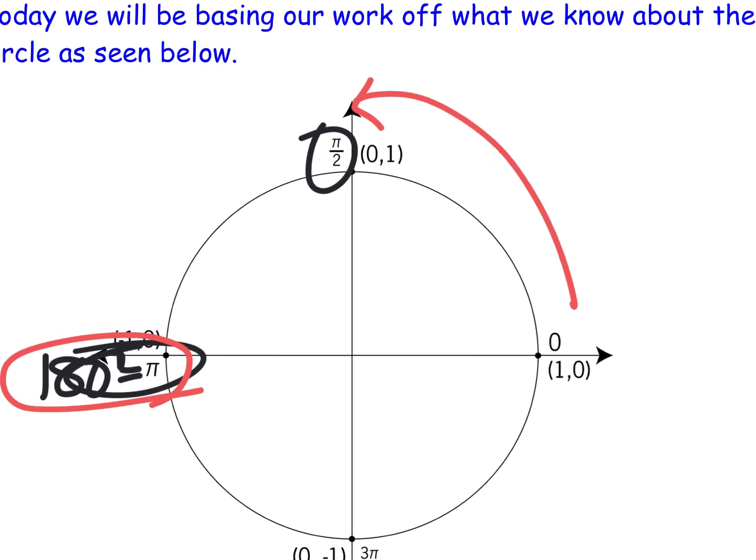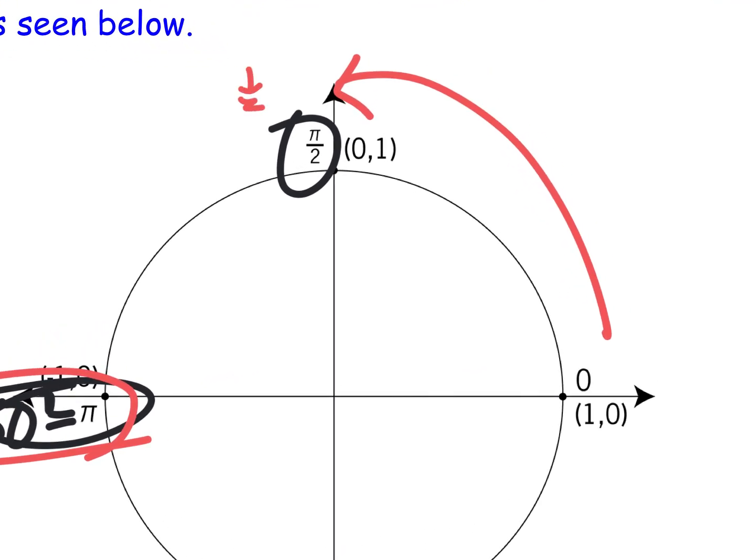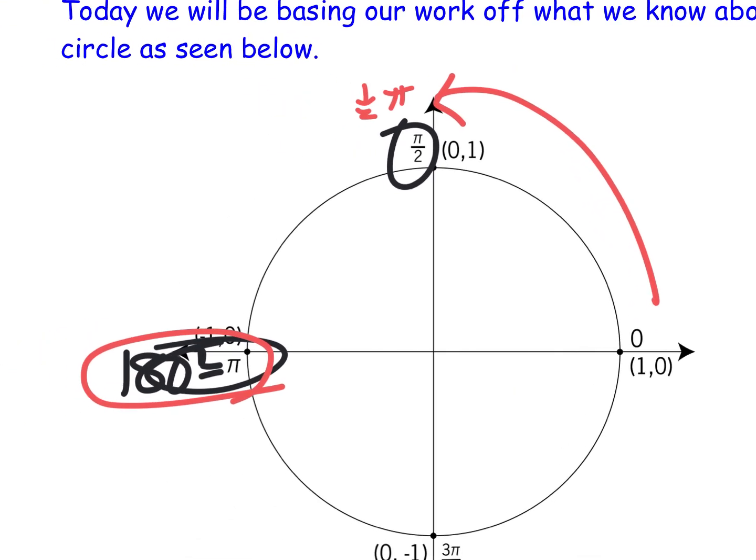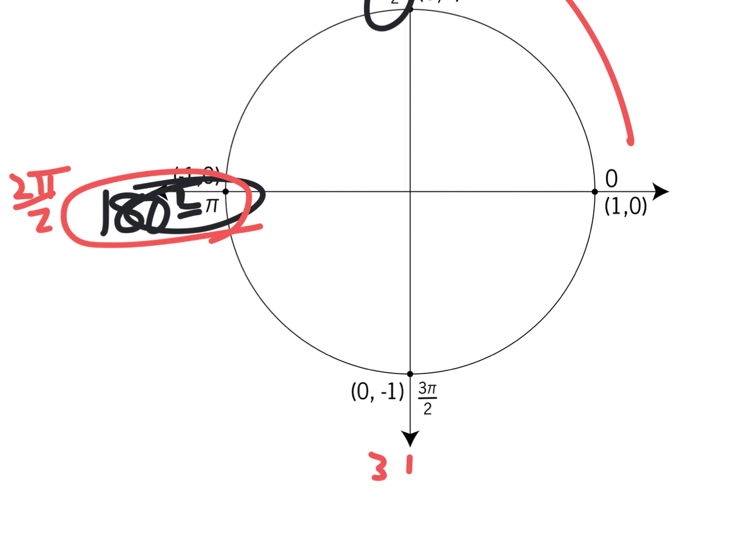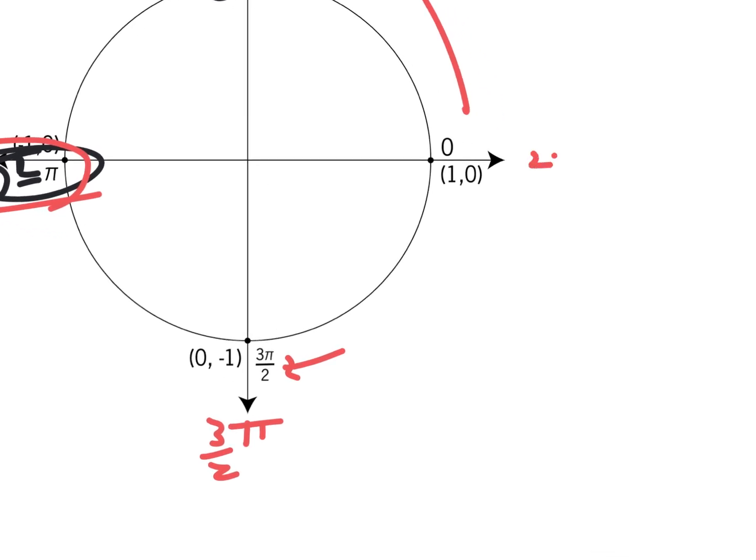1/2 pi, I like to say it this way. 1/2 pi. This is 2/2 pi. This is 3/2 pi. See? And if I just keep counting like that, this is 4/2 pi. But you can simplify 4/2. What's that?